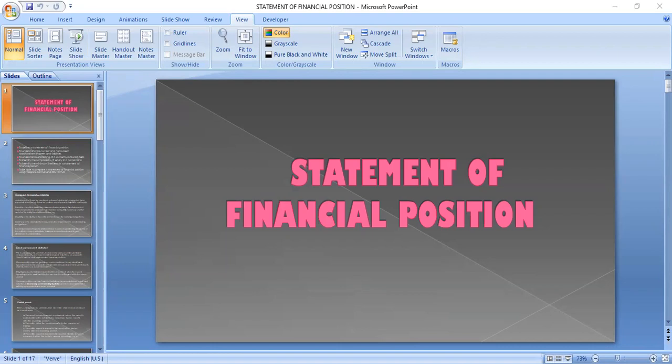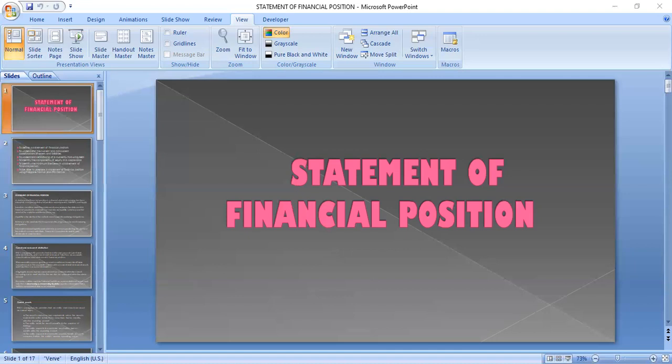Now we have the following objectives: to define the statement of financial position, to understand the current and non-current classifications of assets and liabilities, to understand refinancing of a currently maturing debt, to identify the components of equity in a corporation, to identify the minimum line items in a statement of financial position, and to be able to prepare a statement of financial position using Philippine format and IFRS format.